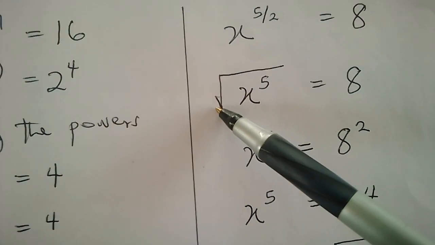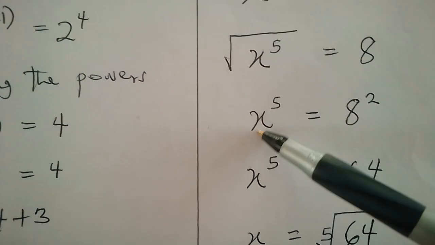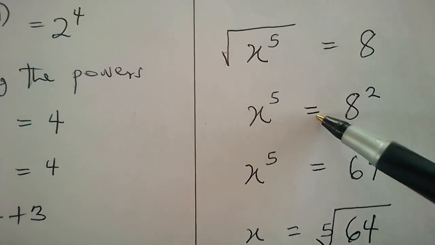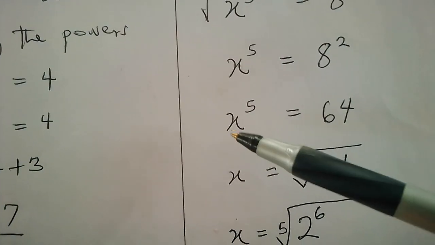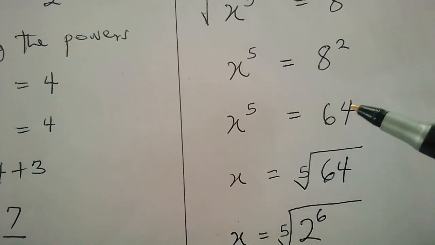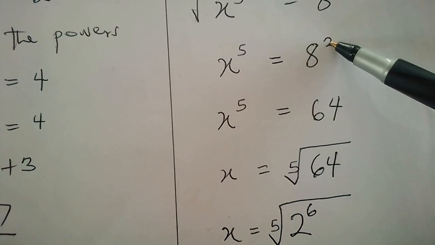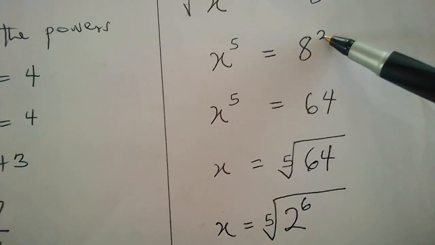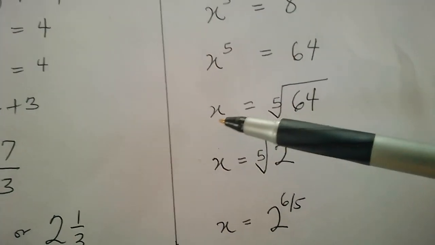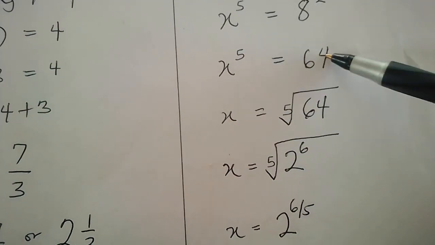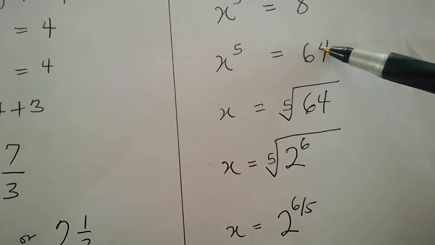Anytime any sign crosses the equality sign, it will change to the opposite sign. So we have x raised to power 5 is equal to this square root will now become a square. So x raised to power 5 is equal to the square of 8, which is 8 times 8, which will give us 64.